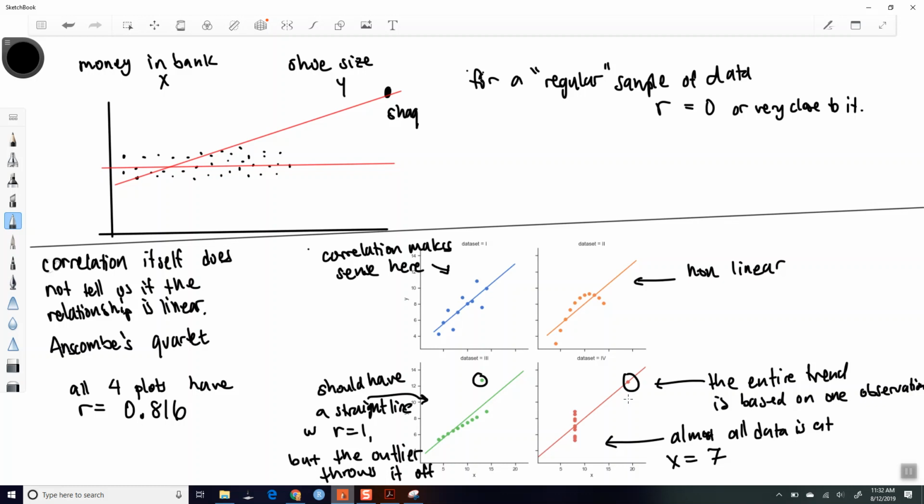Okay, let's see. I got a little under 20 minutes. And so the last part that we're going to cover today is finally being able to create an equation to describe these relationships, okay? And this part is called linear regression.